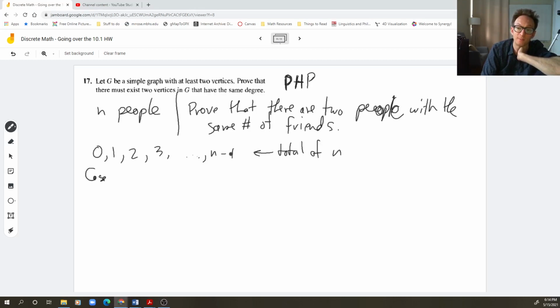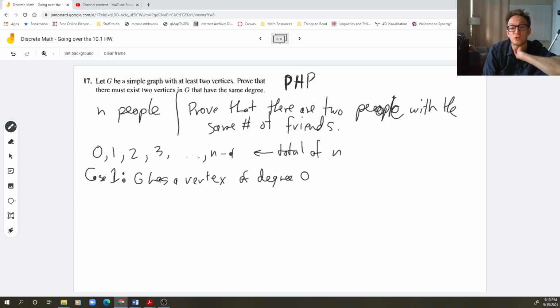So case 1, there is a misanthrope. Case 1, G has a vertex of degree 0.